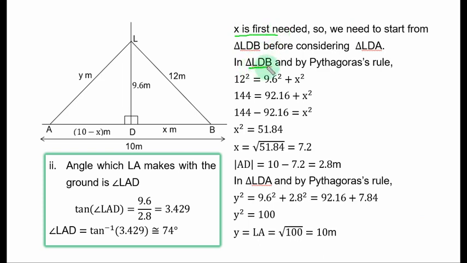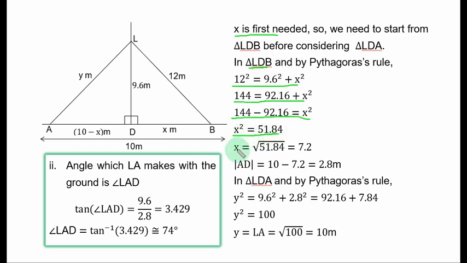And by Pythagoras rule, you have the square on the longest side is equal to sum of squares on the other two sides. So you have 144 equal to 92.16 plus s squared. Collect like terms, you have 144 minus 92.16 equal to s squared, and s squared is equal to 51.84.